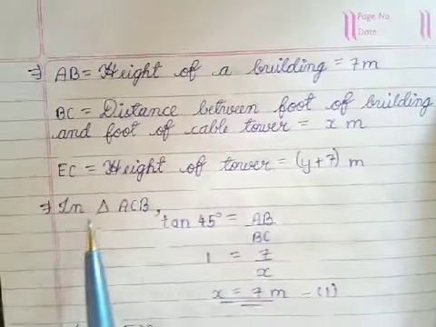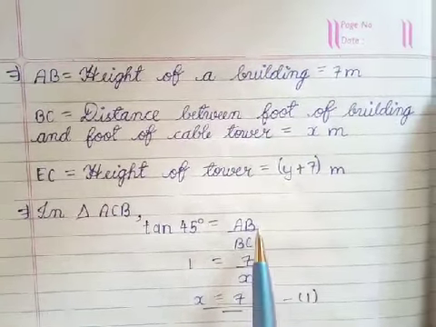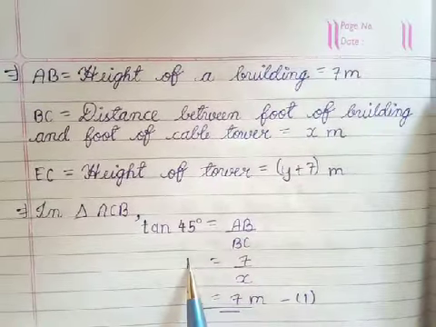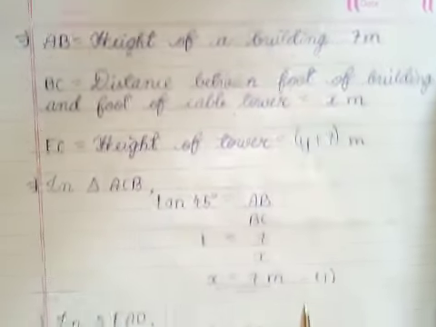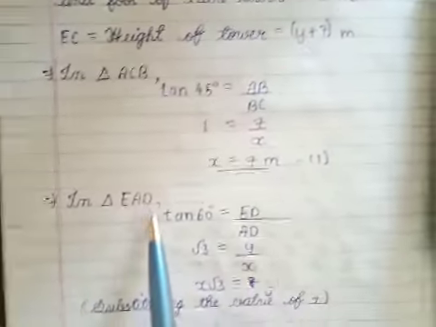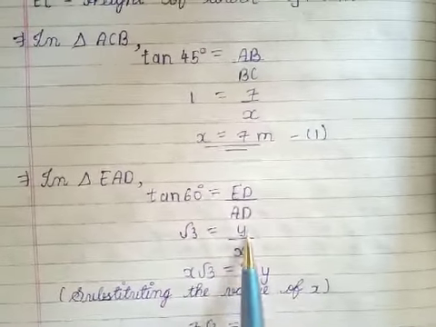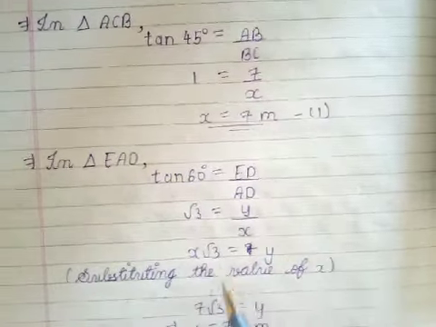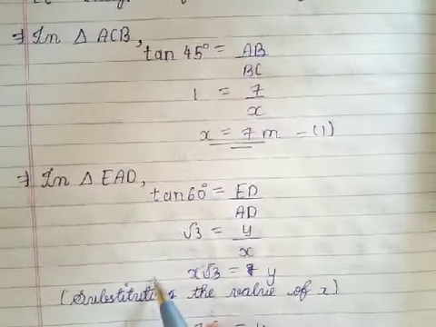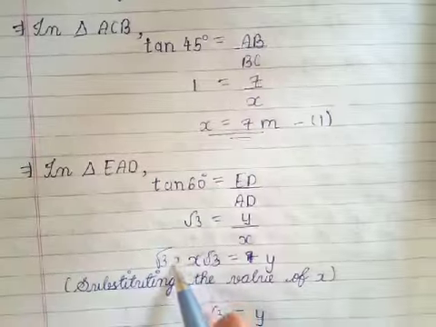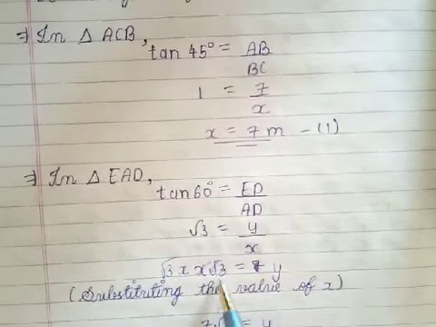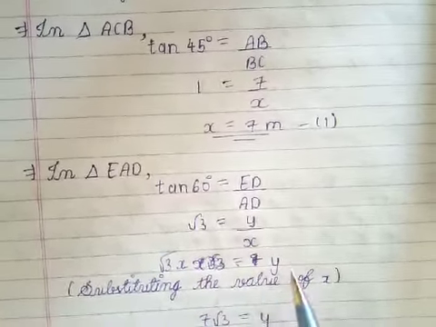So in triangle ACB, tan 45 is equal to AB upon BC. Tan 45 is 1, so x is equal to 7 meter. In triangle EDA, tan 60 is equal to ED upon AD. Tan 60 is root 3, so y upon x, so root 3 x is equal to y.